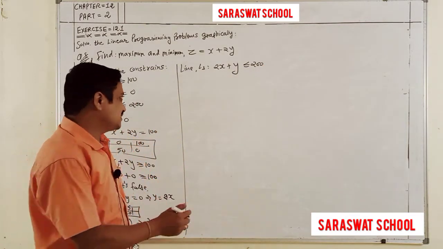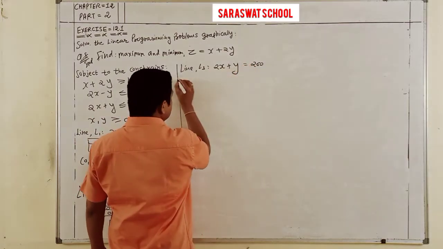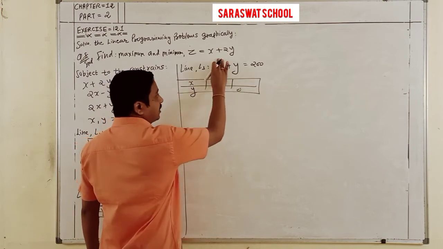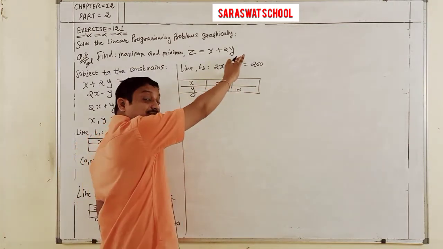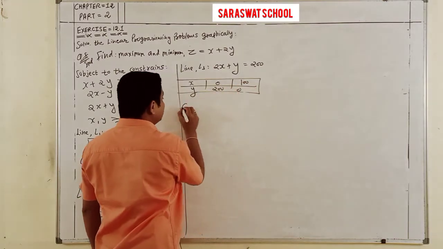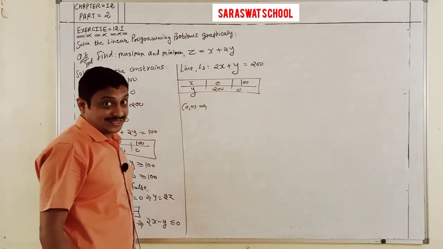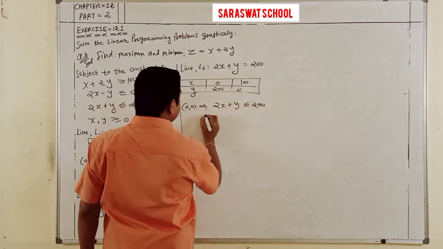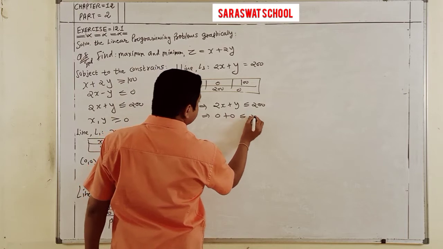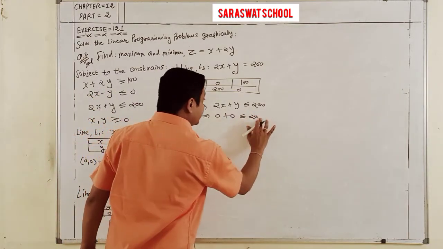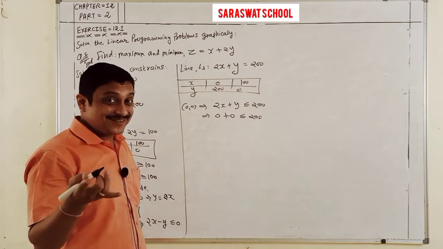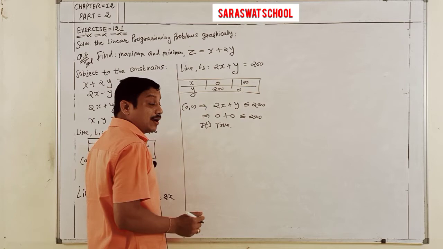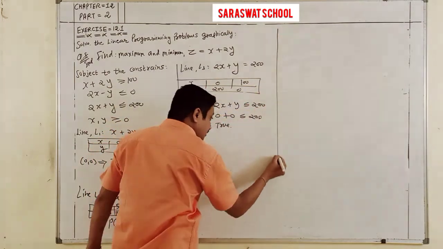Here also same as before, students, you will take the equal sign and find the table. x 0, definitely y 200, but y 0 then x 100, and check the 0, 0 side. So on my 0, 0 side, 2x plus y less than 200, it is 0 plus 0 less than or equal to 200, and definitely 0 is less than 200, which is true. Yes, it is true. Now we go to the graph. That's your graph.